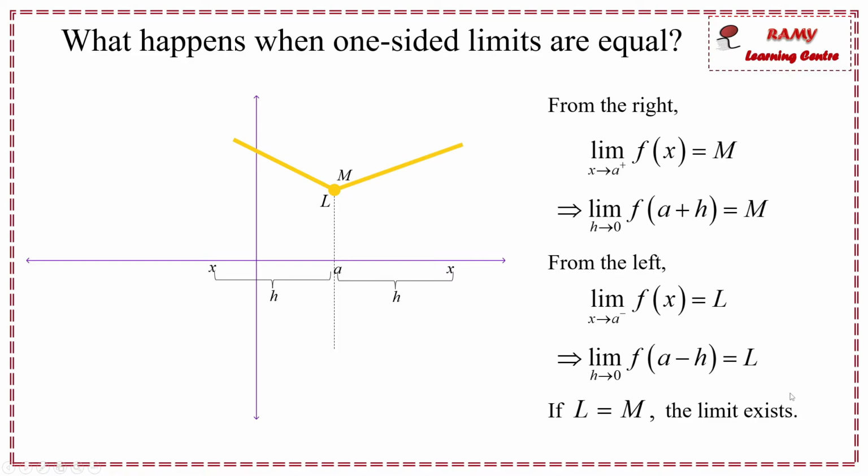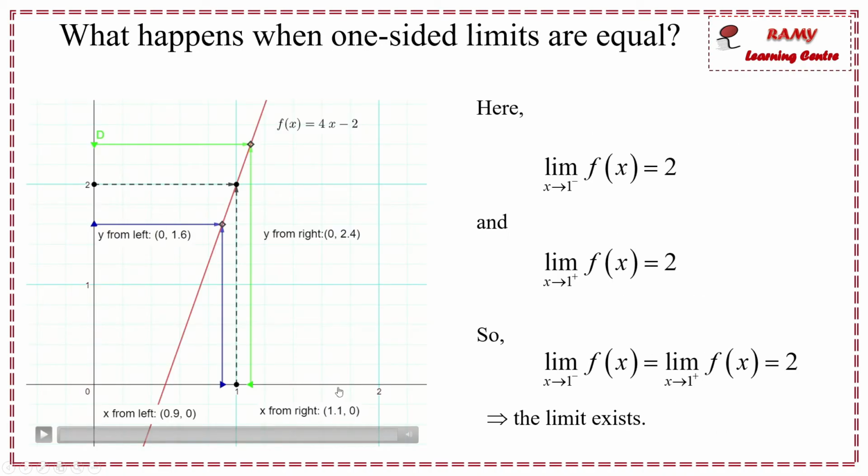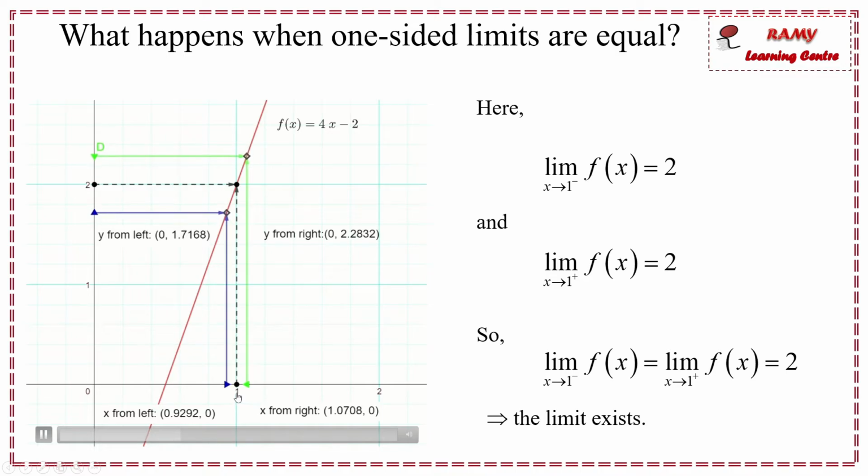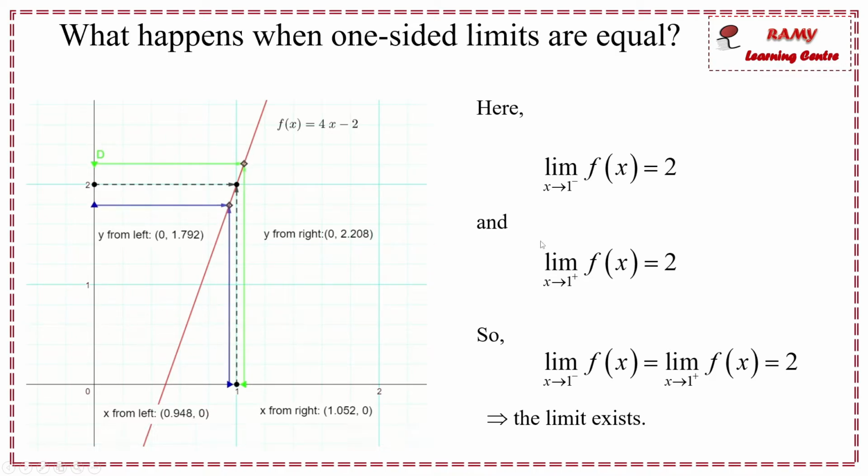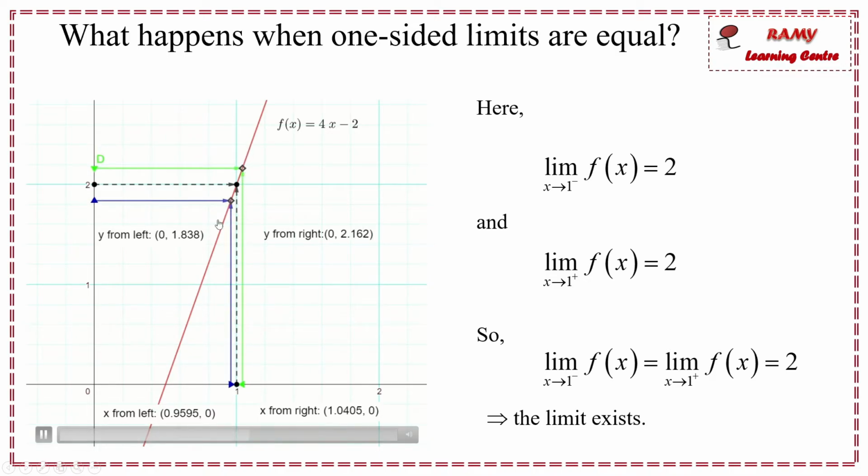That is, if the left hand limit and the right hand limit are equal to each other, then the limit exists. Here is an example. When x tends to 1 from the left as well as from the right, f of x tends to 2 along this curve.